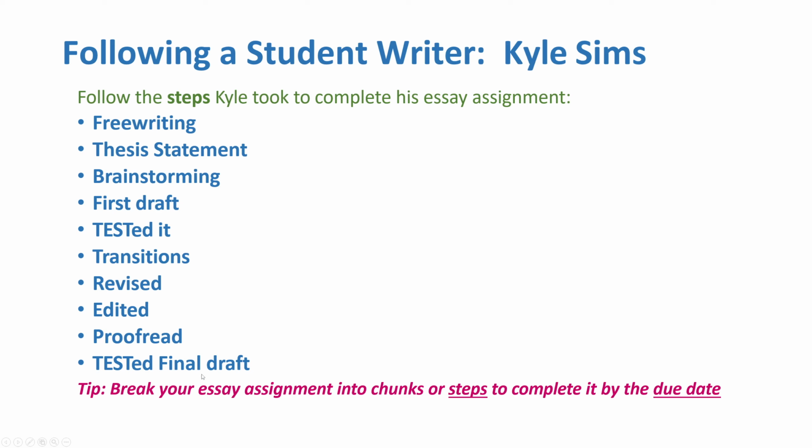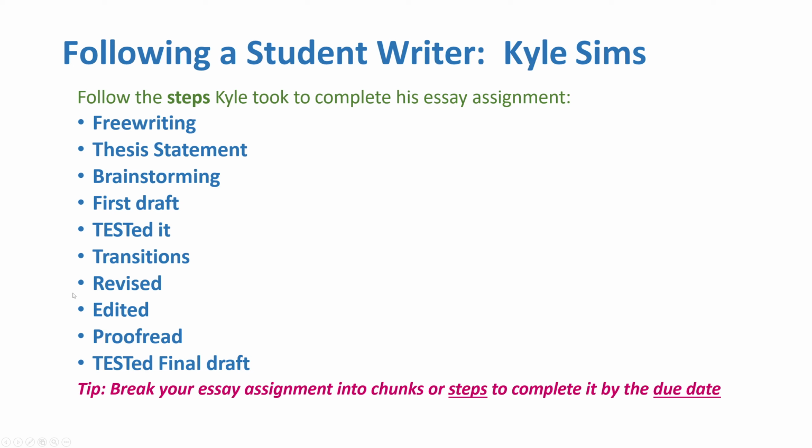This seems like a lot of steps, but a lot of them can happen in a short amount of time. For example, free writing through brainstorming can be something that happens in just 5 minutes if you really were on it. And similarly, you're probably going to be revising, editing, and proofreading in 1 or 2 sessions.